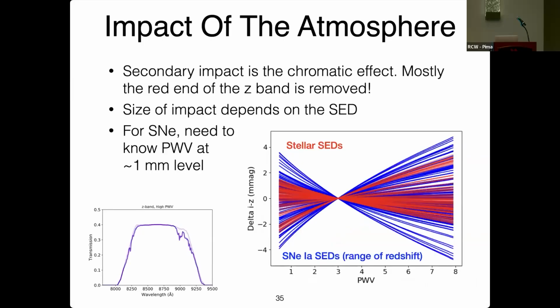What really matters is actually the chromatic effect, because otherwise it's degenerate with gray. And the size of the impact depends on the SED, and I did this bunch of integrals for stellar SEDs and supernova 1A. This is a DESC talk, so I'm biased there. And for I minus Z colors to be consistent at the millimag level, we need to know the PWV at about 1 millimeter with the LSST passbands.